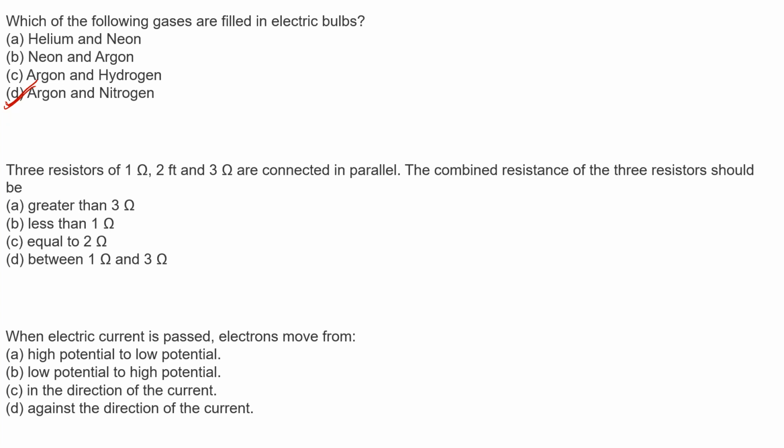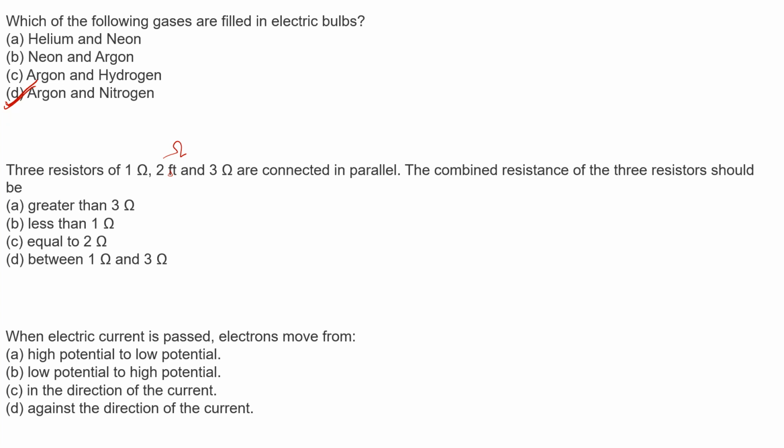Then the second question is: three resistors of 1 ohm, 2 ohm, and 3 ohm are connected in parallel. The combined resistance of the three resistors should be: option A greater than 3 ohm, option B less than 1 ohm, option C equal to 2 ohm, and option D between 1 ohm and 3 ohm.